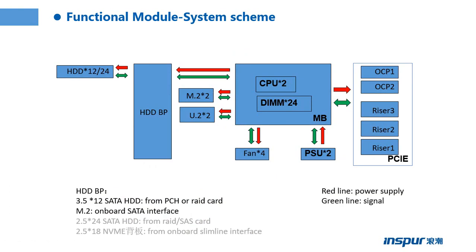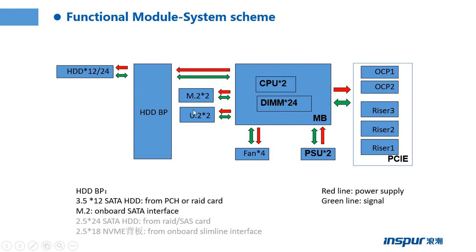This page shows the system scheme. The red line represents the power supply. The PSU supplies power to the motherboard, and then the motherboard supplies power to other parts.